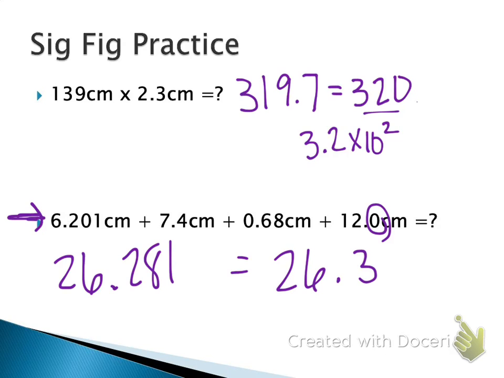I only get to have one decimal place, and that makes that round up. 26.3, and I'm missing one thing. Good, centimeters. Here should have been centimeters squared. Okay. Questions about math with Sig Figs? Is it coming back to us a little bit? Okay.